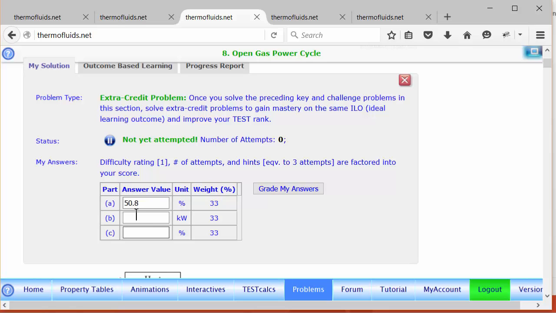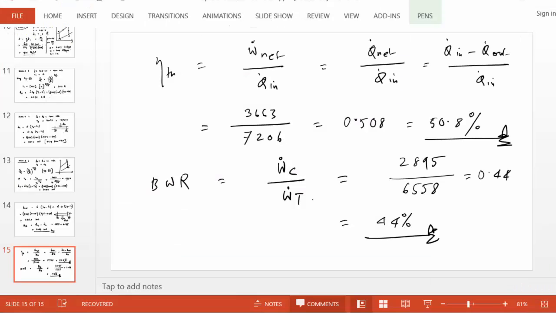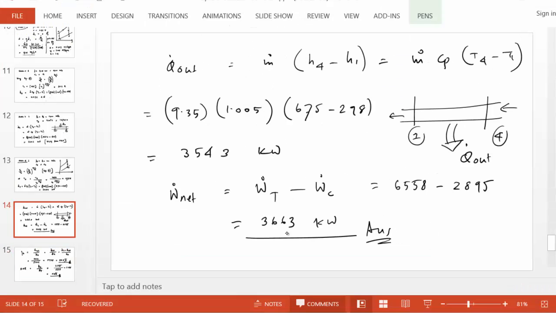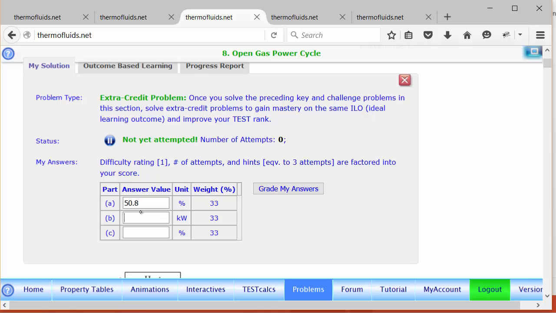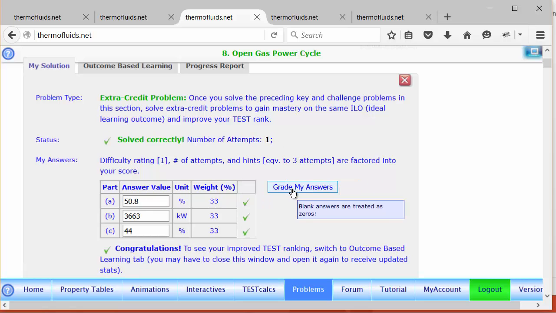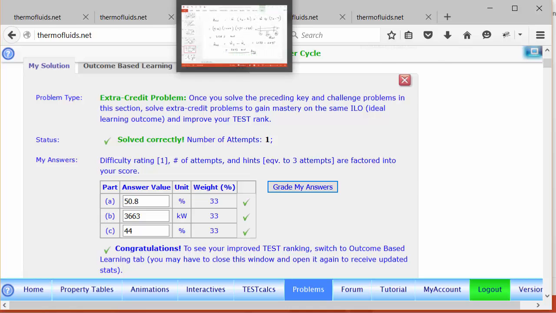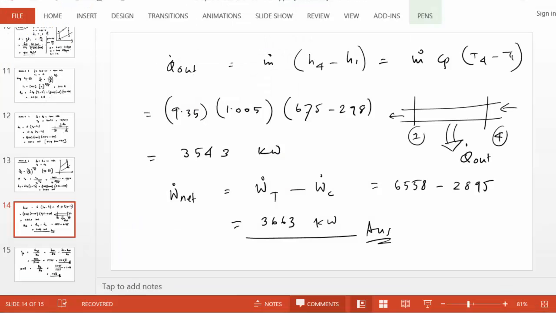How many kilowatts is the net power? 3663. And back work ratio was 44. Let's see if we get them right. Yep, all of them are right. So we have manually solved the problem, verified using test calc, and entered our answer to get some credit for it.